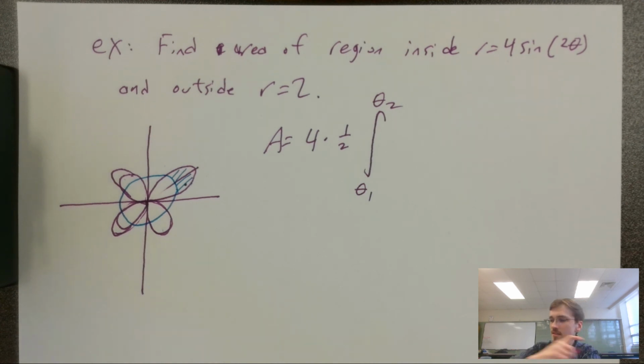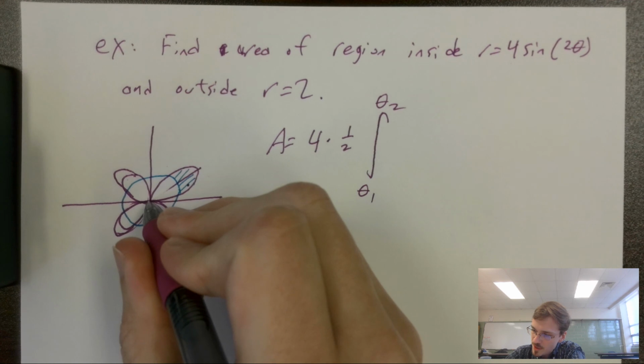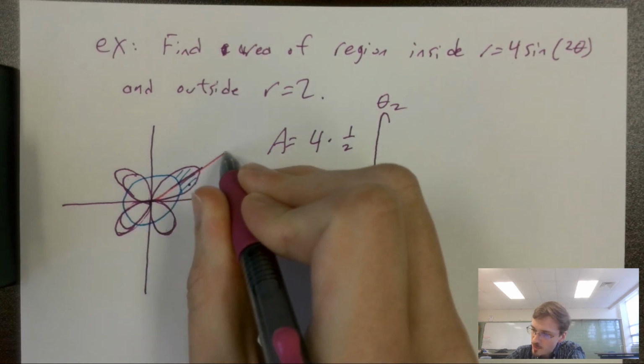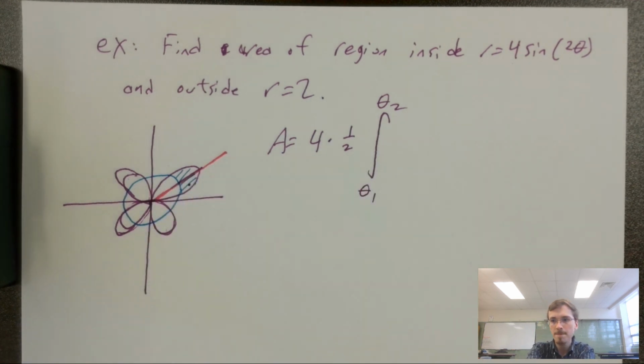The idea is to pierce the region radially. So let's pierce this region, starting at the origin, kind of where I drew that purple line earlier. Pierce it through the origin. And just like we saw with areas in single variable calculus, it was top minus bottom or right minus left.